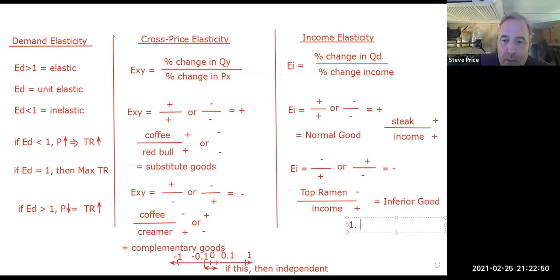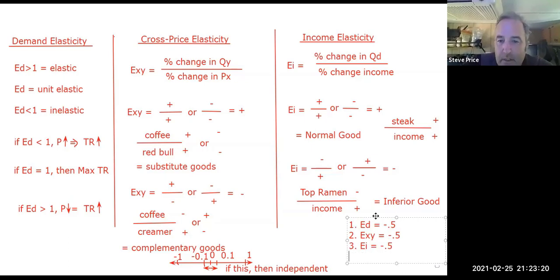I call this 1: E sub D equals 0.5. 2: E sub XY equals negative 0.5. And then 3: E sub I equals negative 0.5.